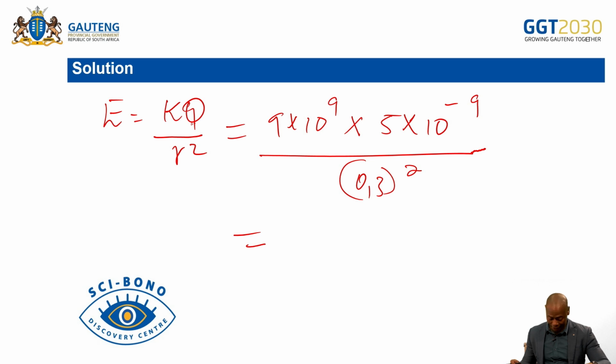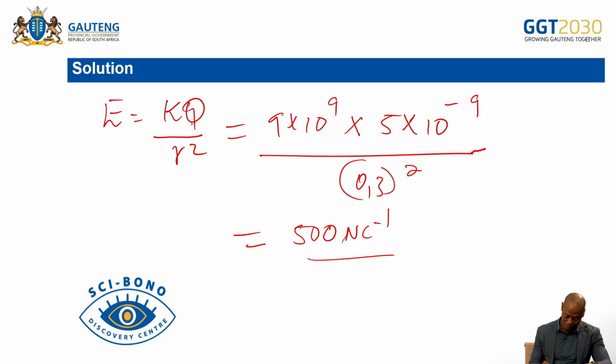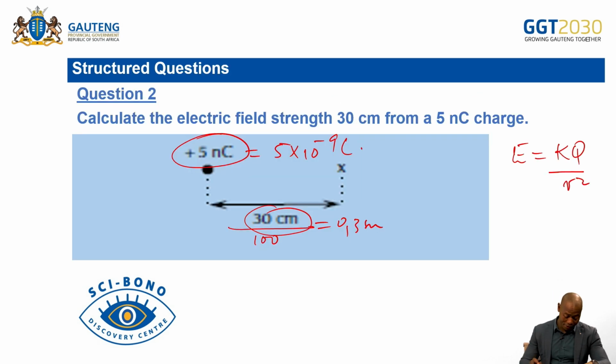Okay, divide by 0.3 squared. So here I'm getting 500 newtons per coulomb, right? So 500 newtons per coulomb. So that is our electric field at a point.